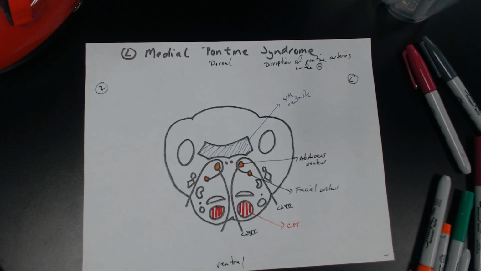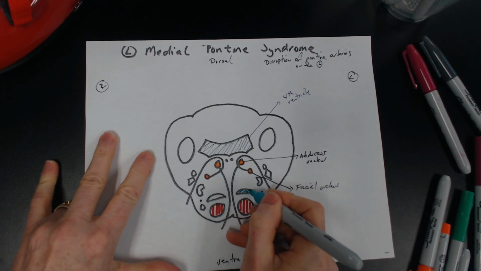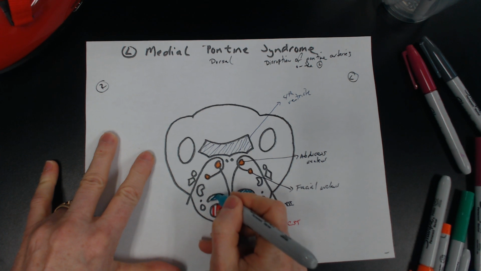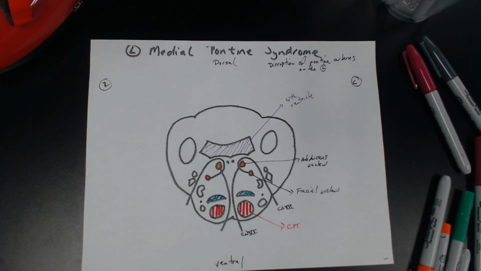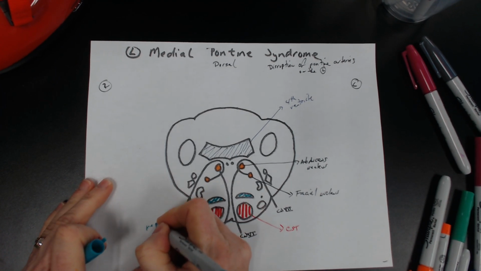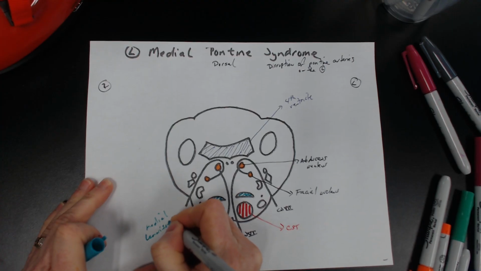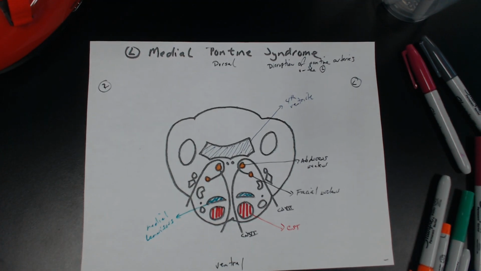And I think I use this color. This guy, he's still medial. He's presenting medially, and he's got an elongated structure. That's your medial lemniscus. Awesome. Okay, your medial lemniscus.